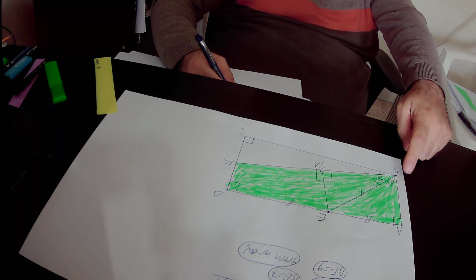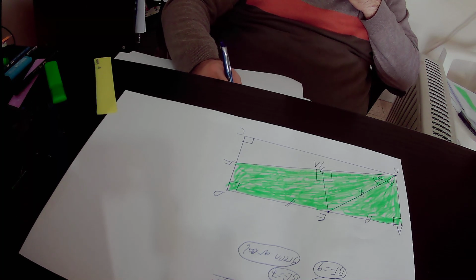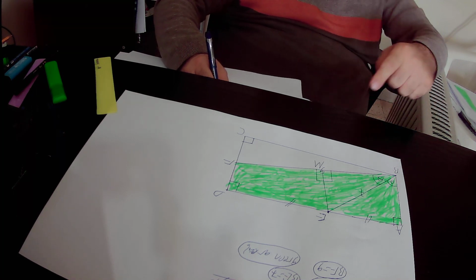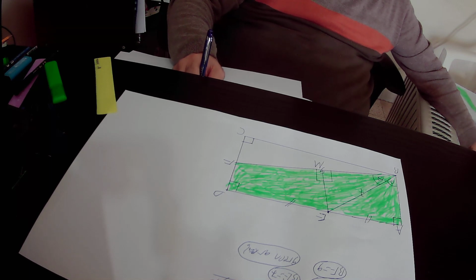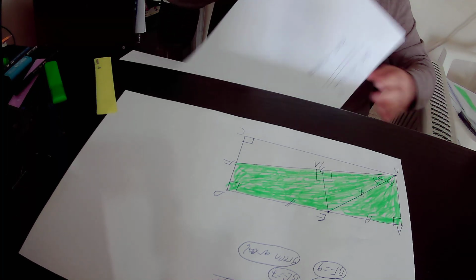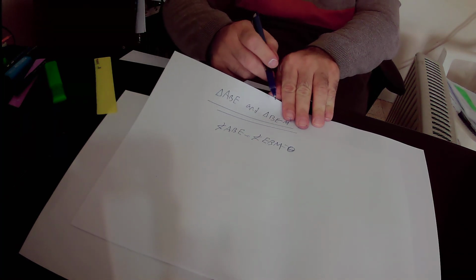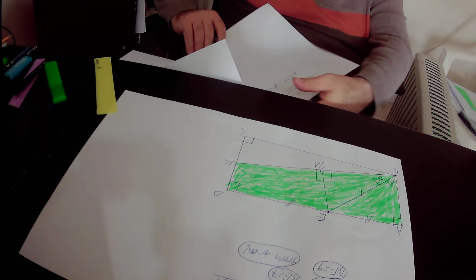Angle ABE in triangle ABE is equal to angle EBM in triangle EBM, and they are both equal to theta. It is given in the question.